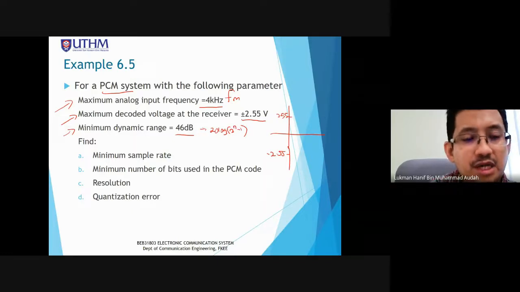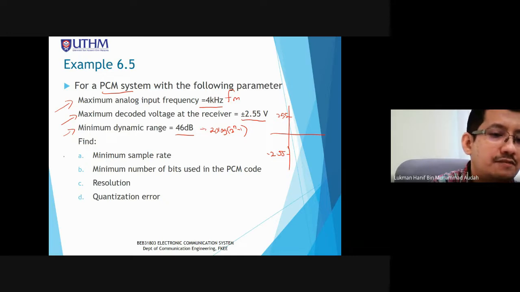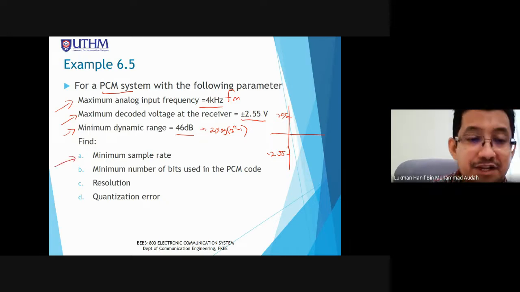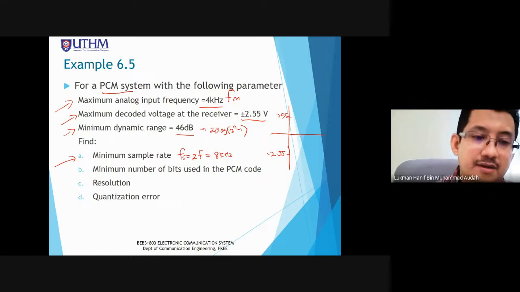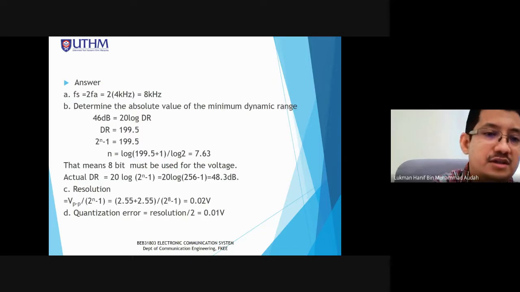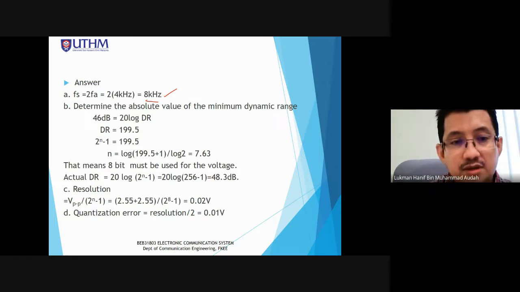Okay, and then what? Find minimum sampling rate. Minimum sampling rate Fs equal to 2 FM, iaitu bersamaan dengan 8 kHz. 2 kali 4, jadi 8. Ini ada dinyatakan di sini 8 kHz. Okay.